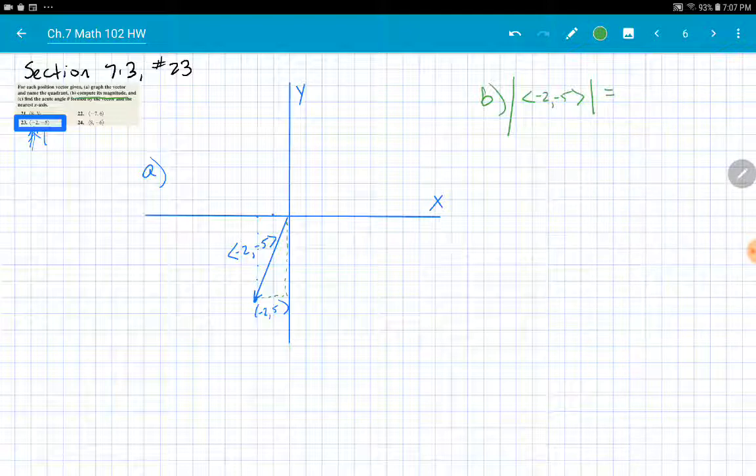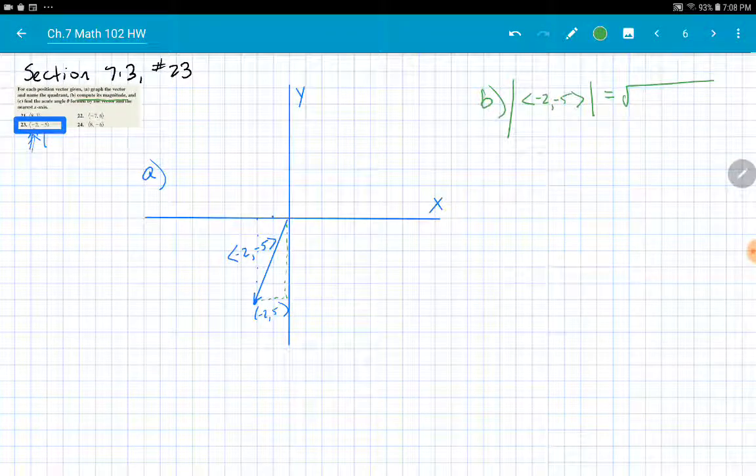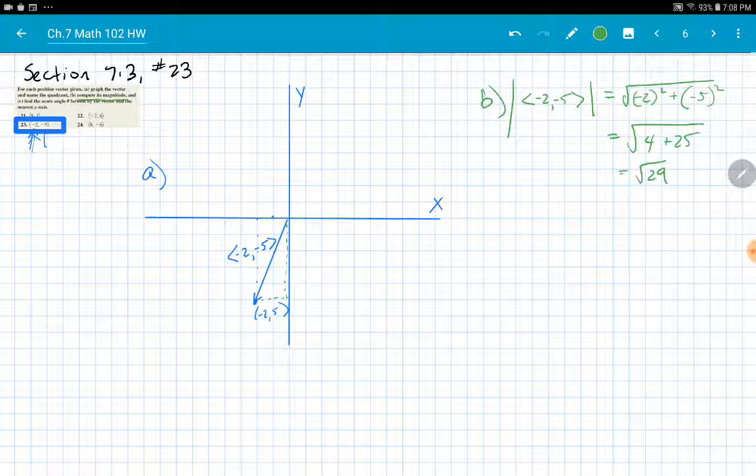That equals the square root of the horizontal component, -2 squared, plus the vertical component, -5 squared, which equals the square root of 4 plus 25, or the square root of 29, which does not have any common factors, so that is already reduced. And that is part B.